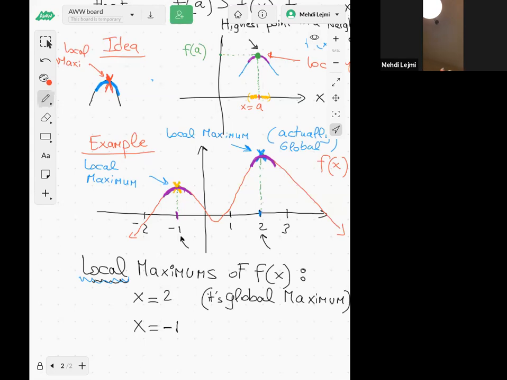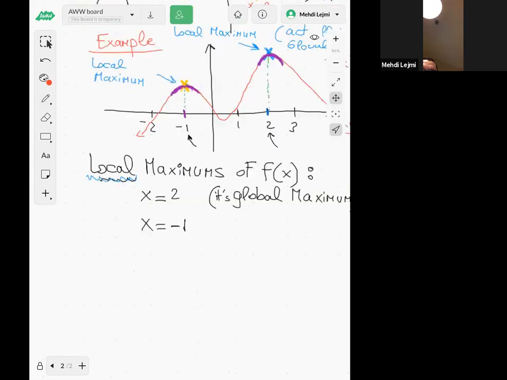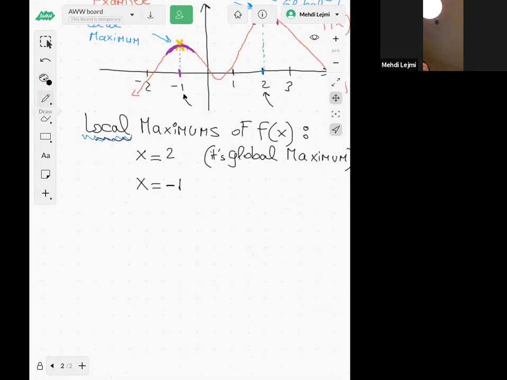It looks like a parabola, and the vertex of the parabola is your local maximum. So if you have a graph, like this one here, there's a parabola here, and here, and here, and the vertex of each parabola would be, let's say, this point and this one here.